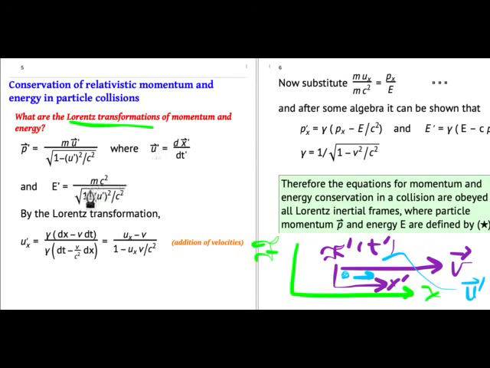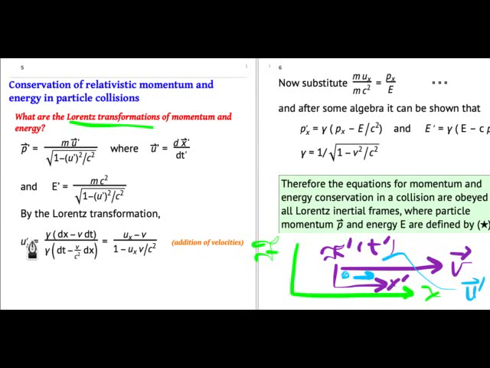So let's remember the Lorentz transformation for the coordinates x prime and t prime. u prime is dx prime over dt prime. Well, let's not consider a vector. Let's just consider the coordinate in the x direction, the direction of relative velocity.